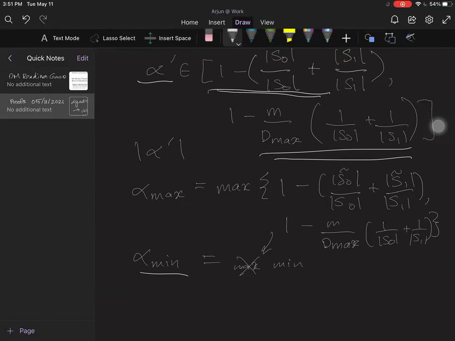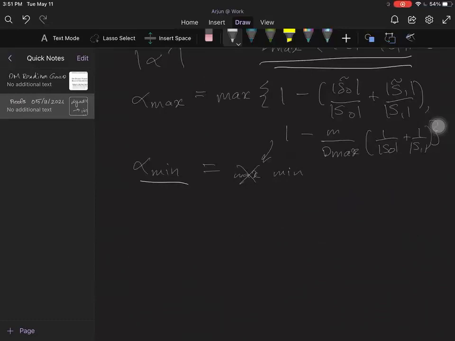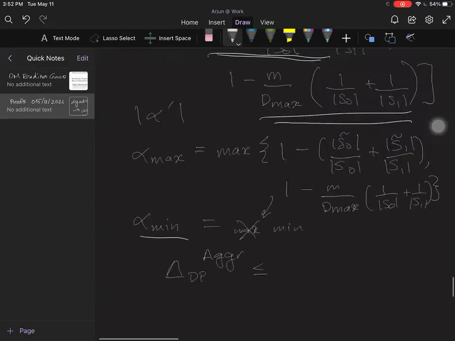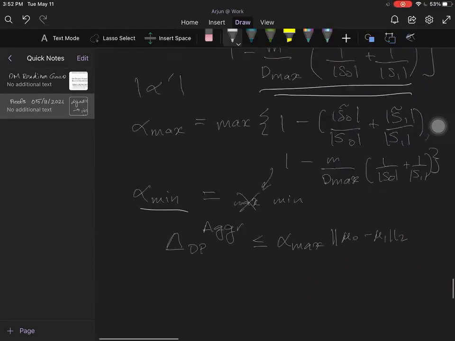And from here, we can see that we can give an upper bound on the entirety of this demographic parity measure post-aggregation. So namely, we can say that it's going to be bounded above by alpha max plus this error term here based on the sigma.